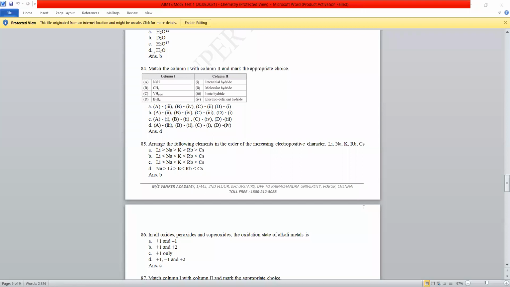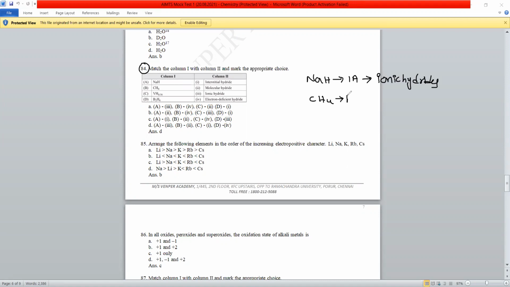Next, students, question number 84, we'll check here. NaH is a first group element. First group hydrides are ionic hydrides. NaH is in group 1A, and group 1A hydrides are ionic hydrides. Next, CH4 is given.